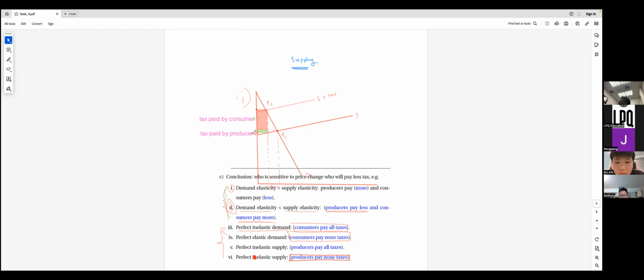But if you extremely care about price change and the price has been lowered, what's your response? You don't produce at all, regardless of how many units you produced before. If the price decreases, you won't produce any units.